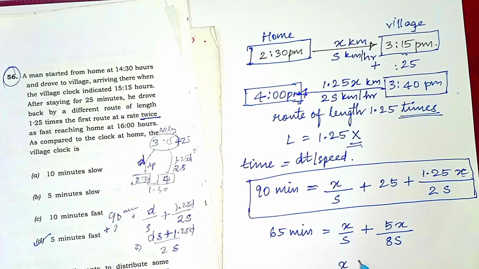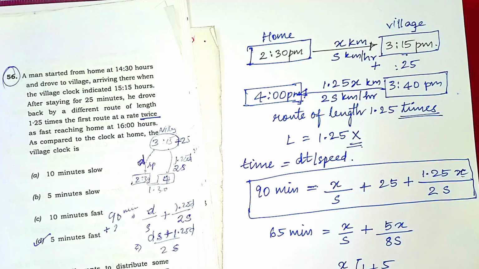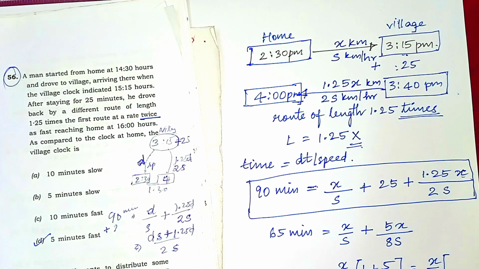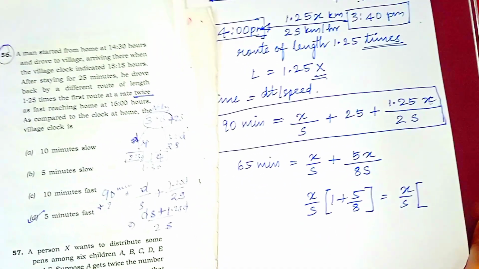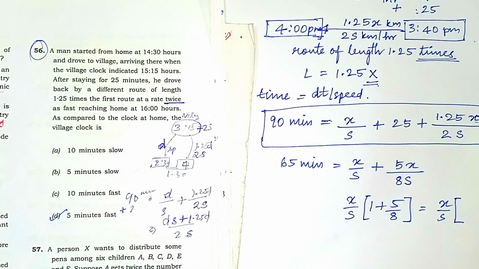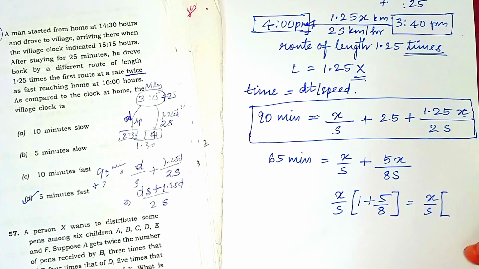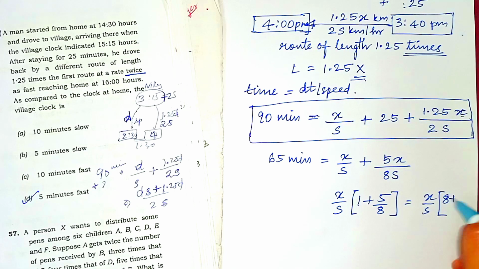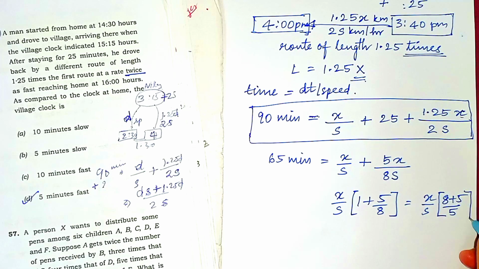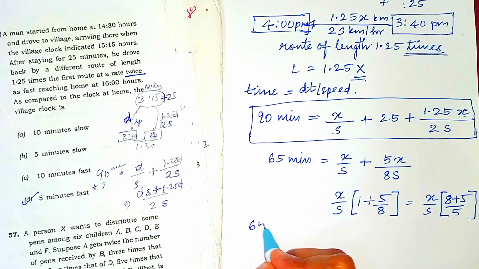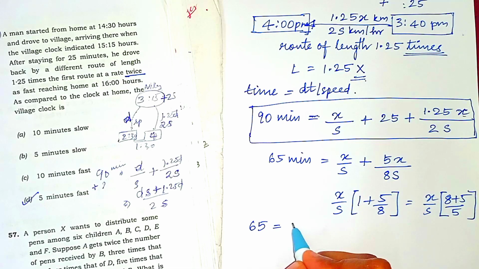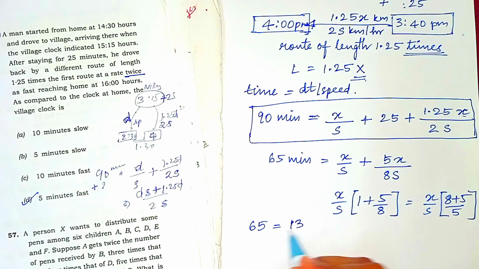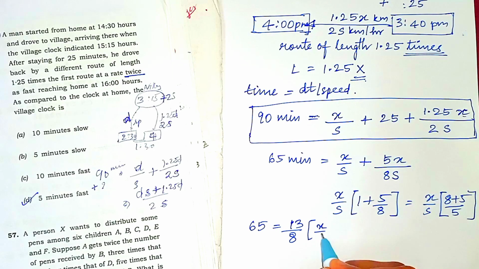So x by s taken as common, it would be 1 plus 5 by 8, which would be (8 plus 5) by 8, which would give 65 is equal to 13 by 8 x by s.